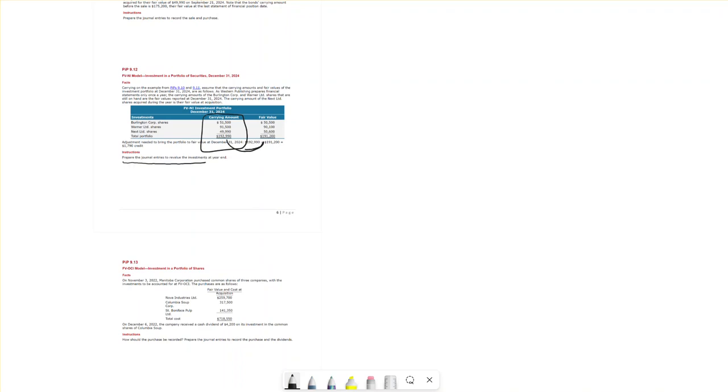Again, it could go up or it could go down, it could increase or decrease. If it's a fair value, you need to record the value at the fair value, and you need to do an adjustment at the end. What will be your adjustment? Either it goes up or down. If it goes up, I will have to debit the fair value net income investment; if it goes down, sorry, investment income slash loss, and the credit will be your fair value net income investment, for the amount of 1790.